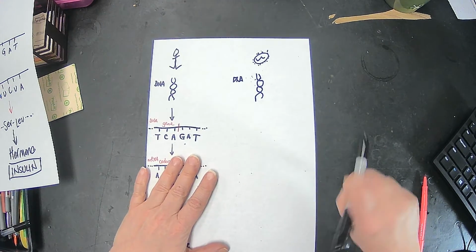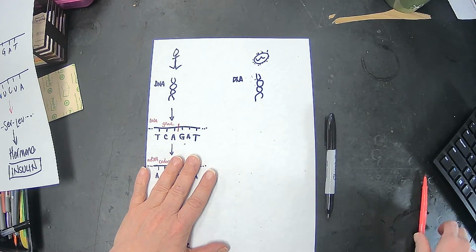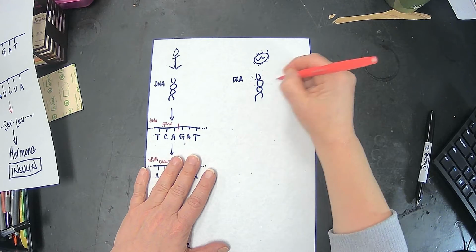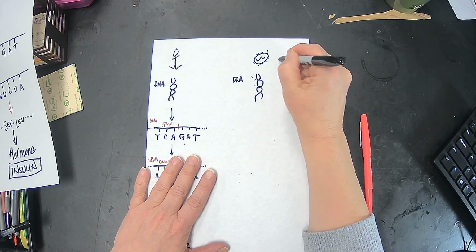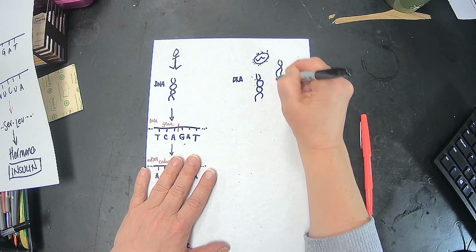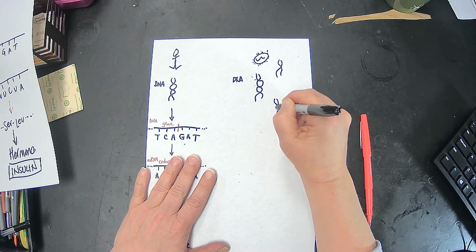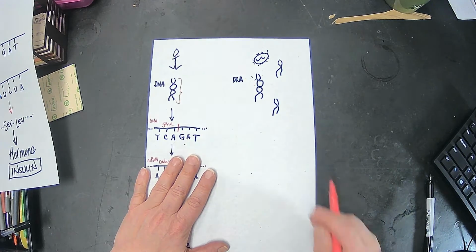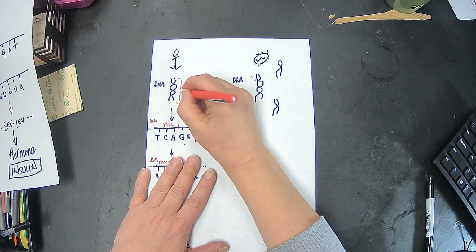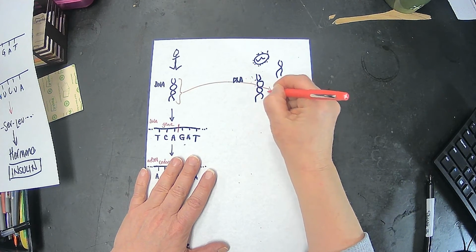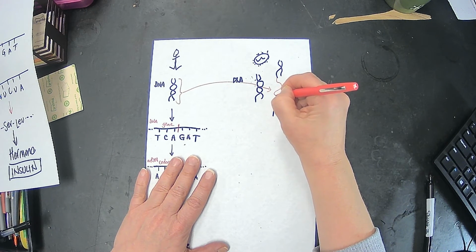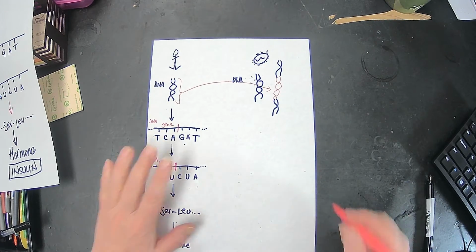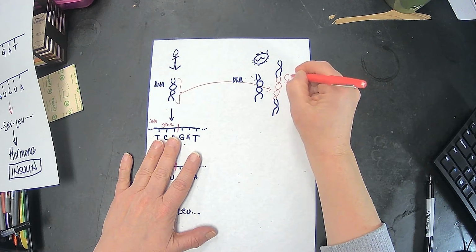Let me draw the bacterial DNA in red. What if I take this DNA and I cut it open? So I've now got a gap in there. And then I take this section of human DNA, which I can isolate, and I'm going to sneak it into here, like this.